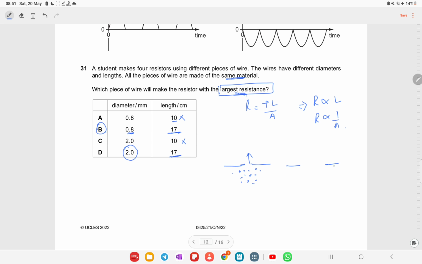But if you have a bigger gate, the same group of people can go in easily without any hindrance. So if the diameter is less, you will feel a greater resistance.